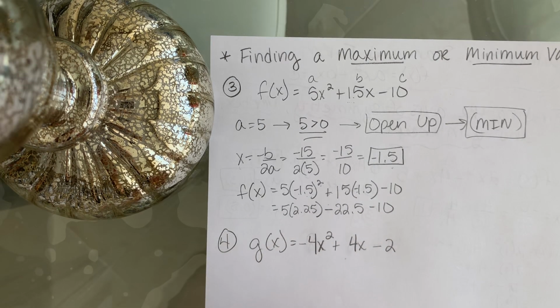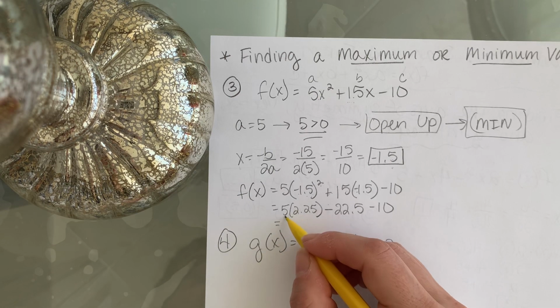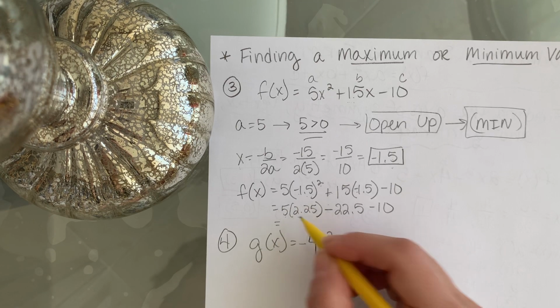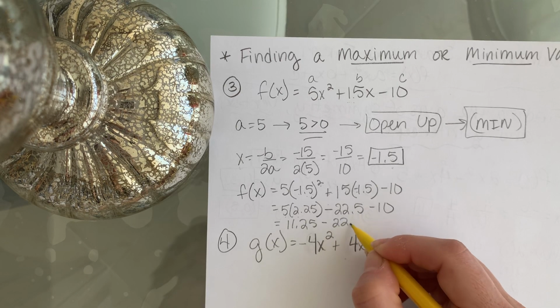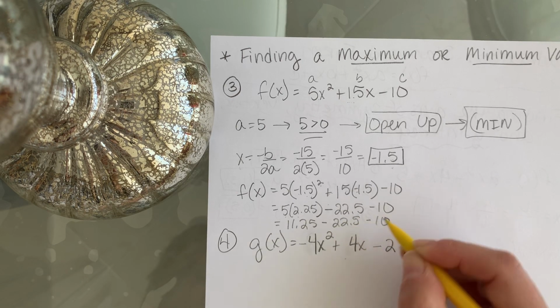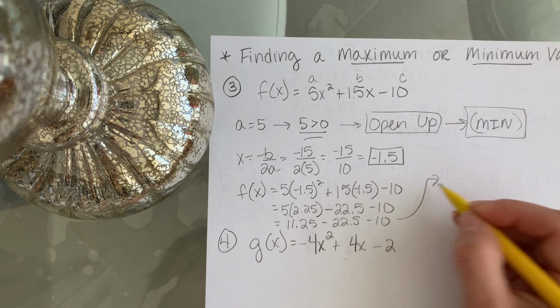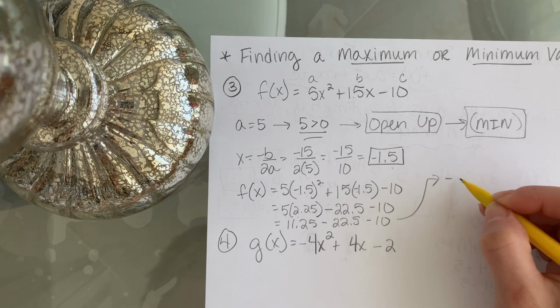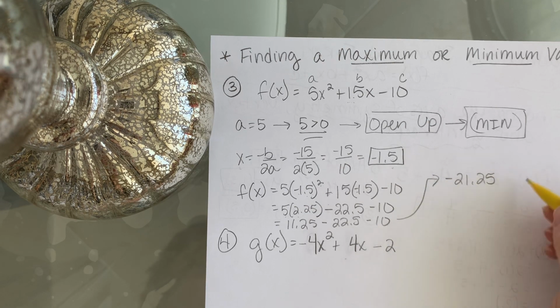Next we have positive 5 times 2.25, which gives me 11.25 minus 22.5 minus 10. Now you just plug that all from left to right in your calculator and you get how much? Negative 21.25. So you could say that is the minimum value.